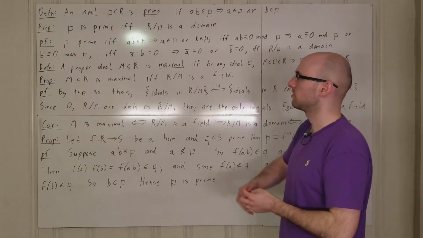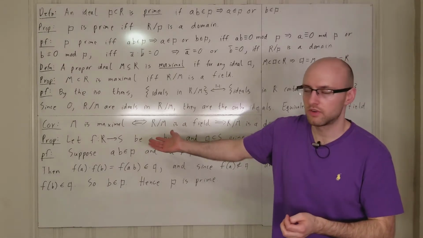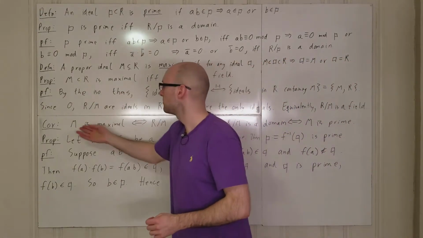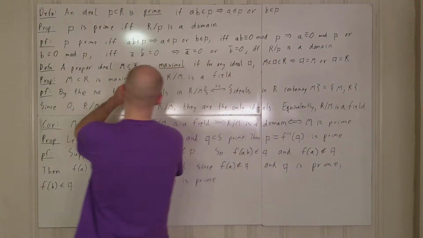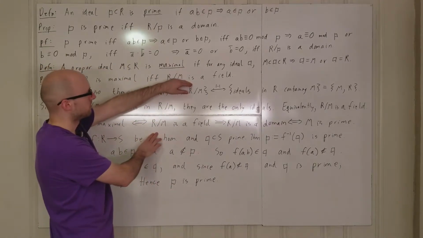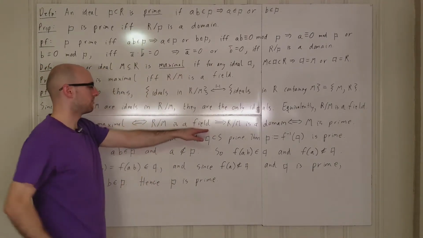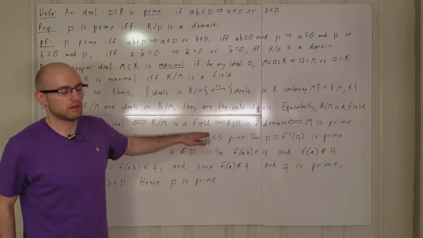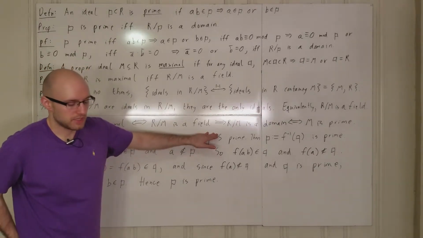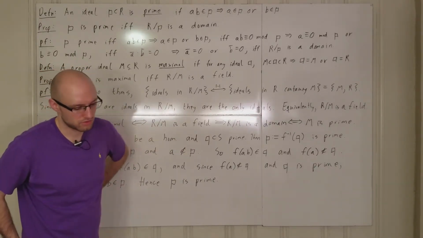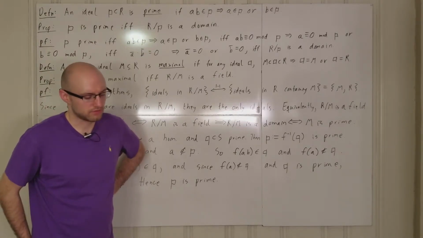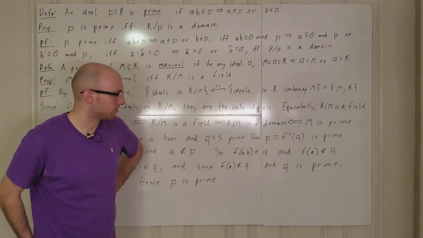As a corollary, let's combine everything that we've done so far in this video. So M is maximal if and only if R mod M is a field, but we know that fields are domains, and that should be an easy fact to prove. I haven't thought about this. Why is that true? If you have a field, it's a domain.